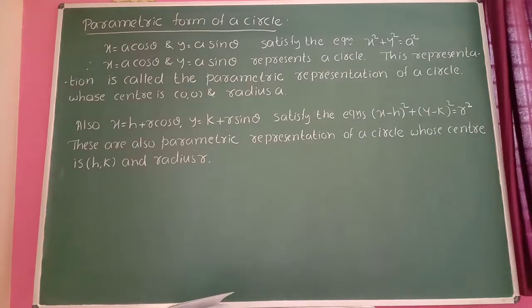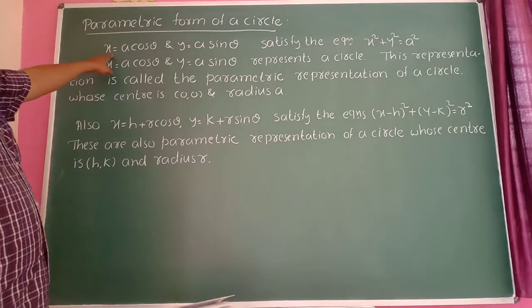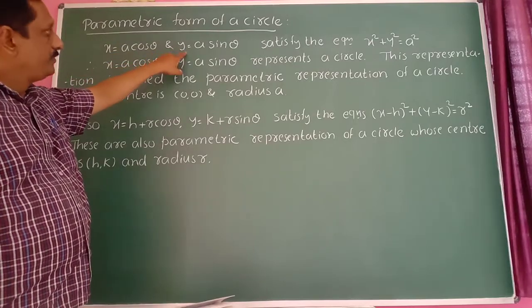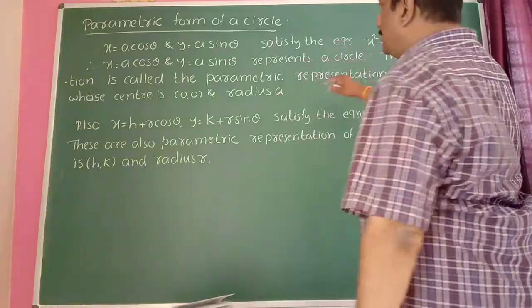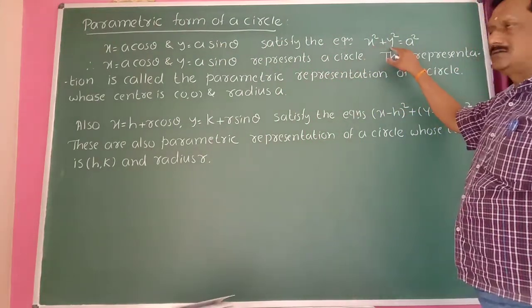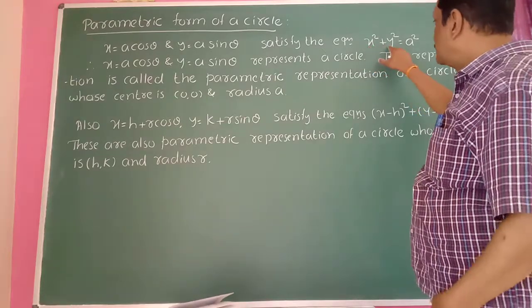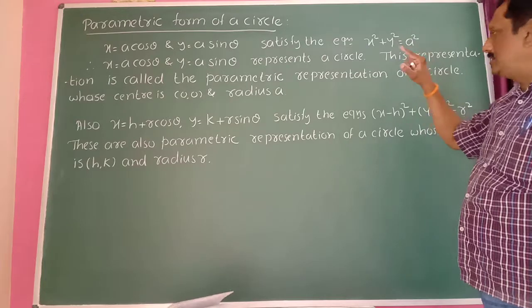Now the parametric form of a circle. Here x is equal to a cos theta and y is equal to a sin theta satisfies the equation x square plus y square is equal to a square. Put x equal to a cos theta and y equal to a sin theta. Then it gives a square cos square theta plus a square sin square theta. Taking a square common, cos square plus sin square becomes 1, and 1 into a square becomes a square.